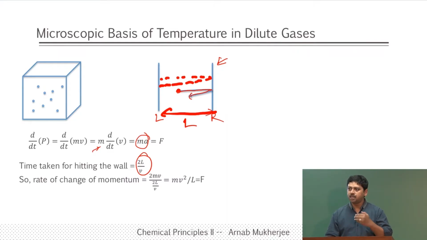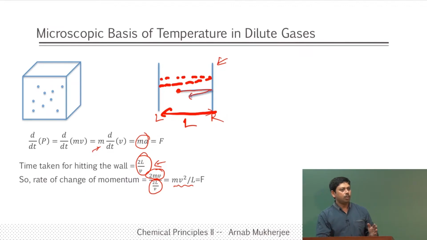So, to change the momentum it has to travel a 2L distance, and with velocity v, the time is distance by velocity, that is 2L by v. Therefore, the rate of change of momentum will be 2mv divided by 2L by v, which comes out to be mv square by L.